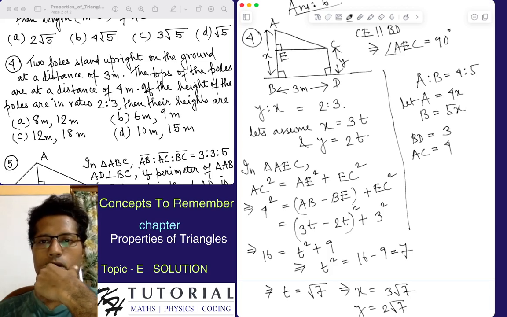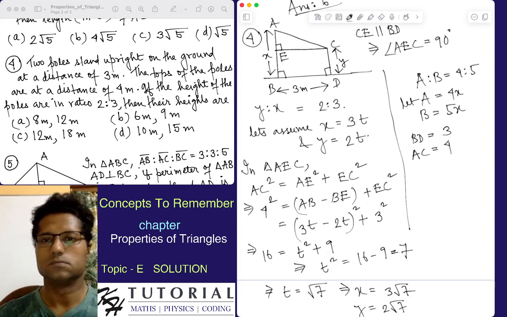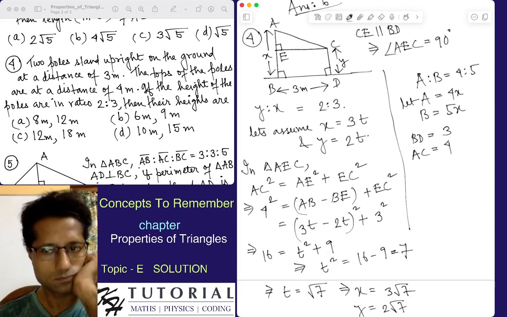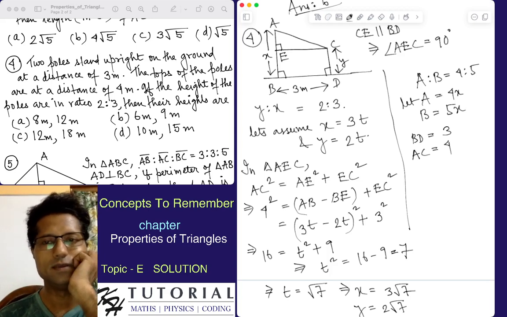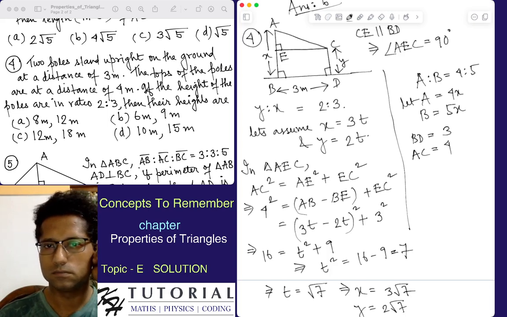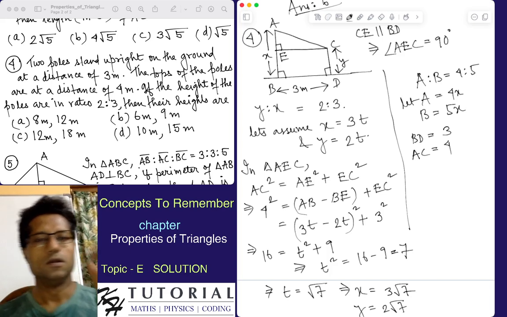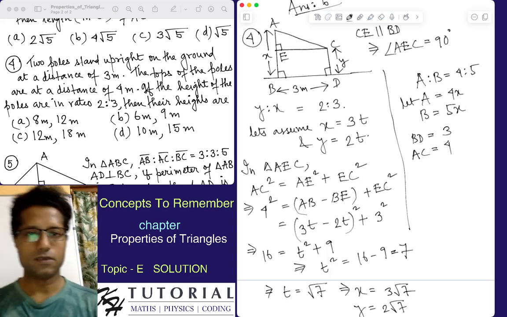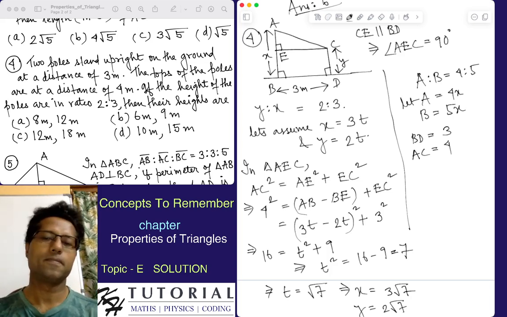Now in the triangle AEC, AC square is equal to... okay, so we have this. Now it is given that the heights of the poles are in the ratio 2:3.